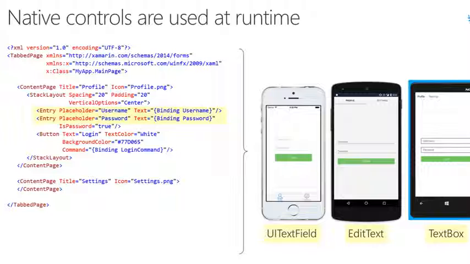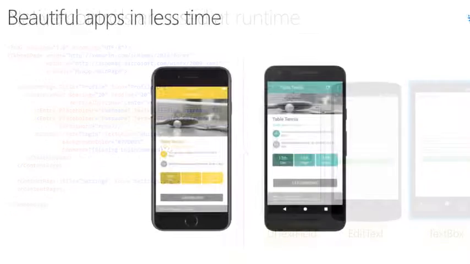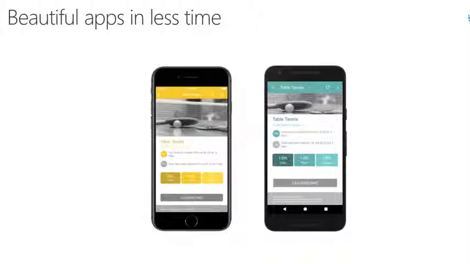On Android, the user would get an edit text, and on Windows, they'd be presented with a text box, all native controls for each platform. And this means that our shared Xamarin Forms UI definition is really a native UI. And it's a native UI on every platform using the appropriate native controls. You write your UI once, and you get the native look and feel on every platform that you support.